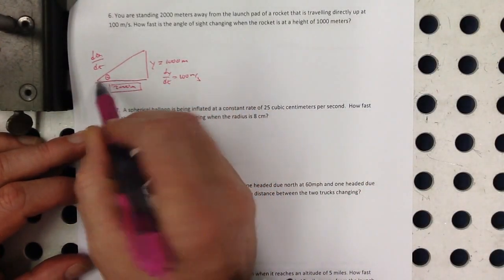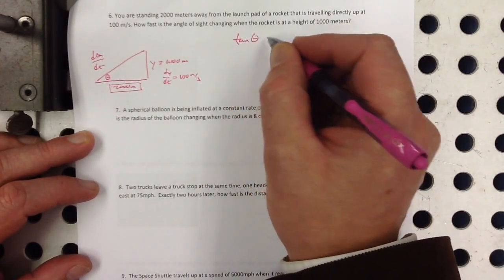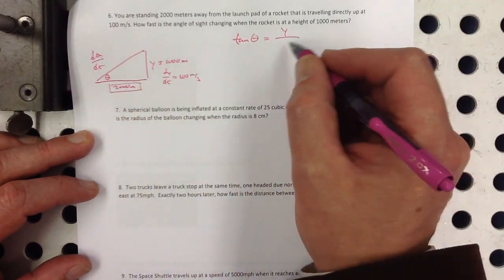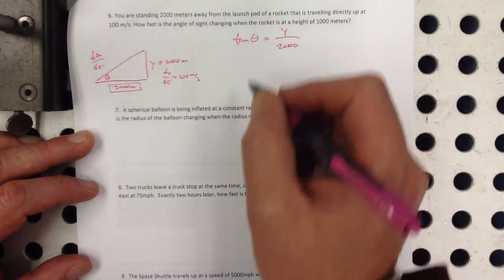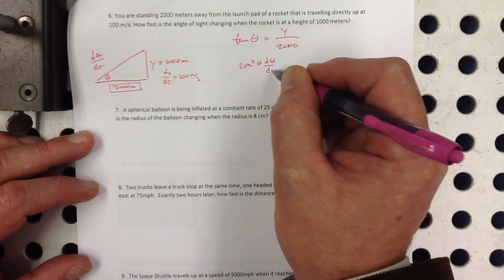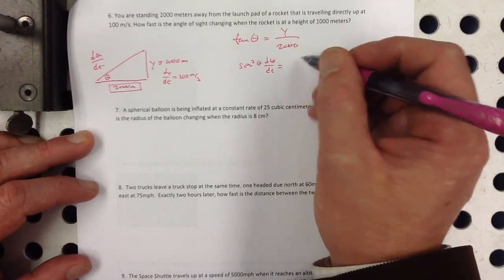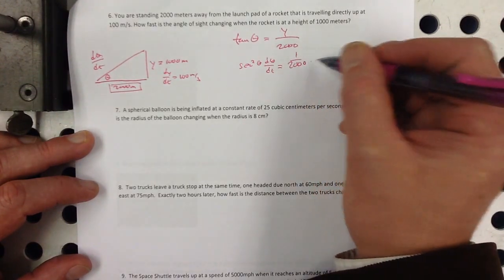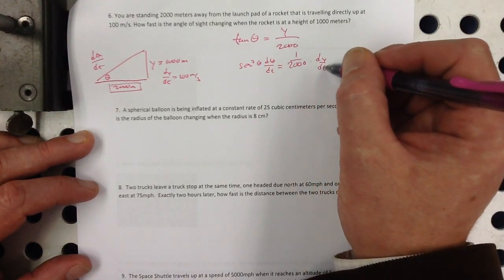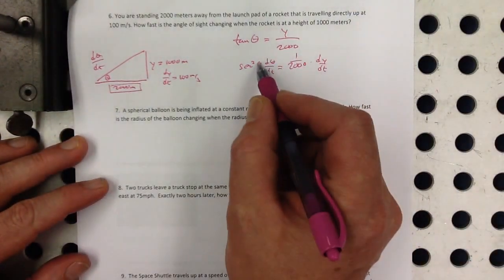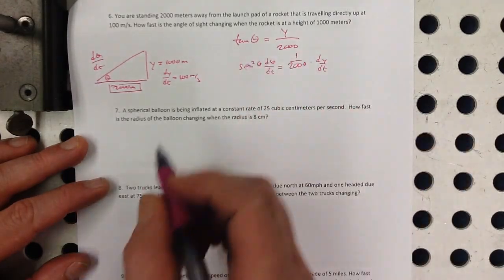So, okay, my equation is going to be the tangent function again. Tangent theta is equal to y over 2,000. Derivative of that, secant squared theta, d theta/dt, is equal to 1 over 2,000 times dy/dt. Same as I did in the other problem, I'm going to move that over to the other side where it becomes cosine squared.